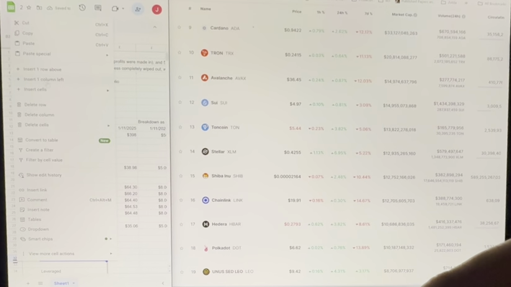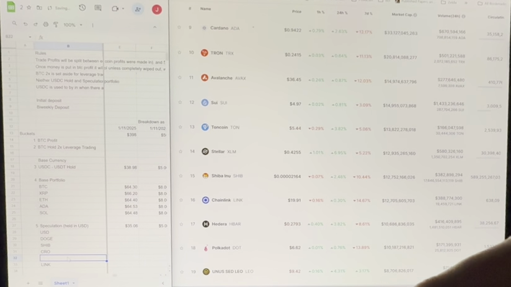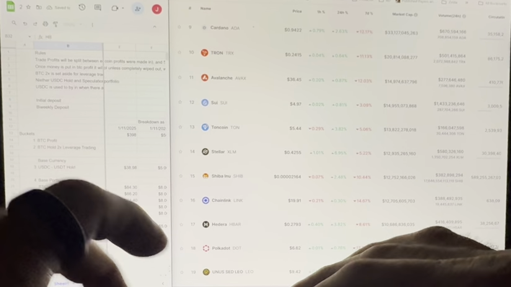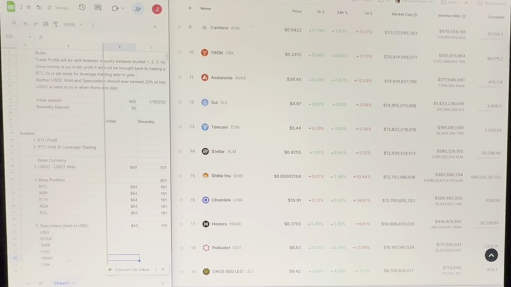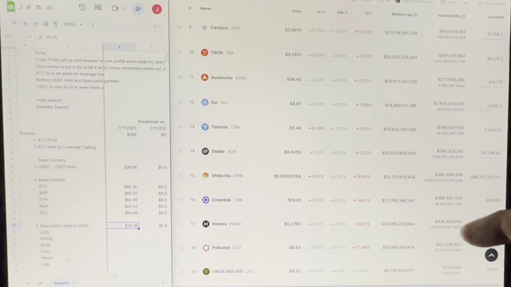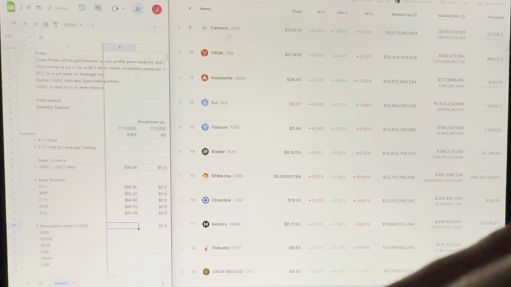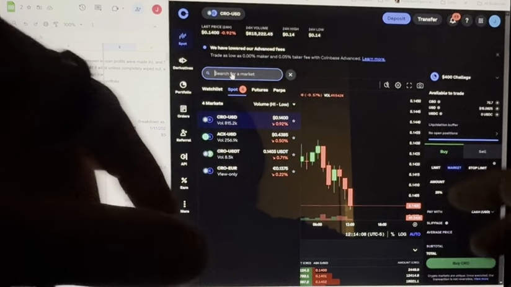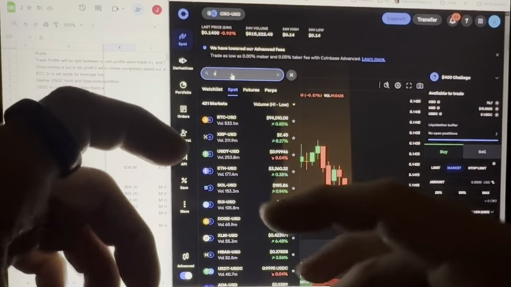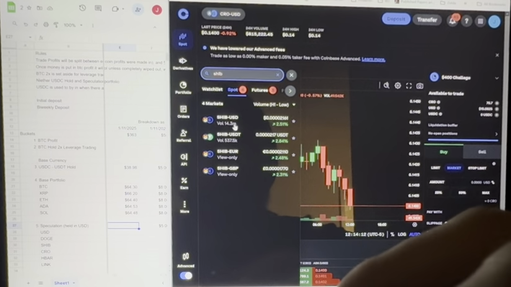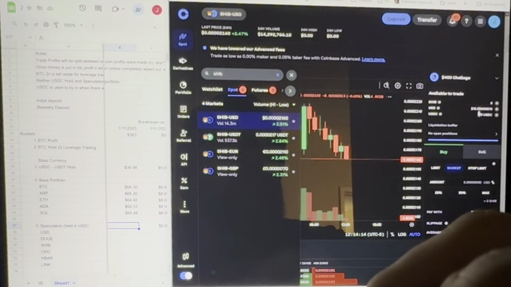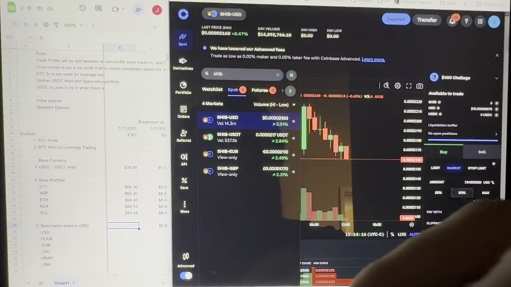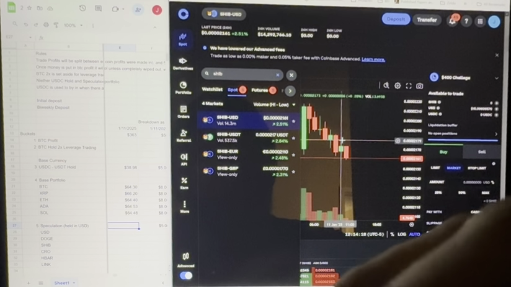Let's insert a row above, and we'll do H-bar. And so we'll do SHIB. And what do we have left in cash? $15, so we'll buy half in SHIB.